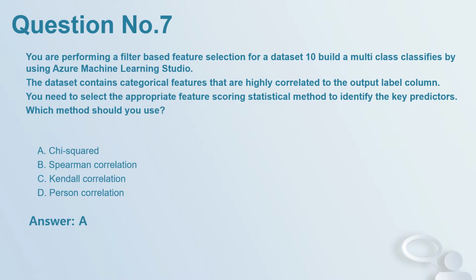You need to select the appropriate feature scoring statistical method to identify the key predictors. Which method should you use? A. Chi-squared. B. Spearman correlation. C. Kendall correlation. D. Pearson correlation. Answer: A.